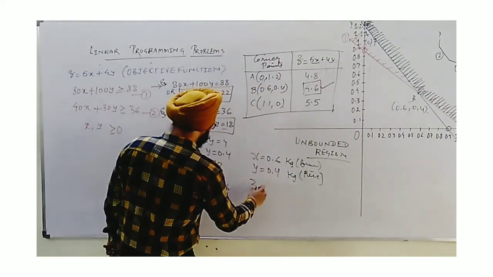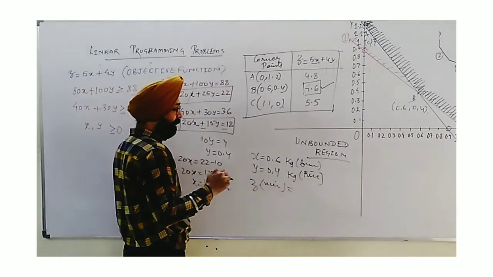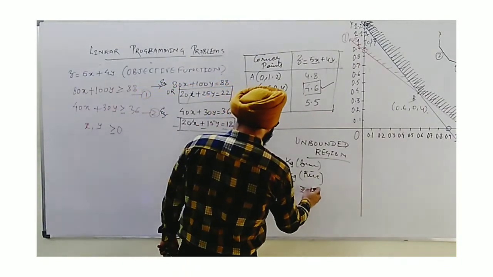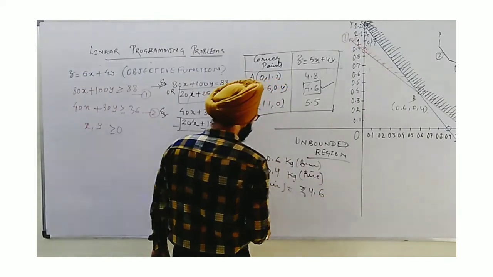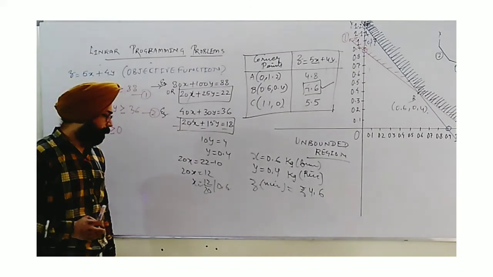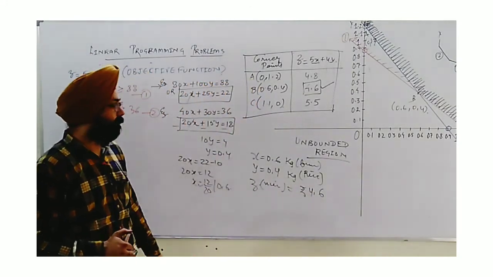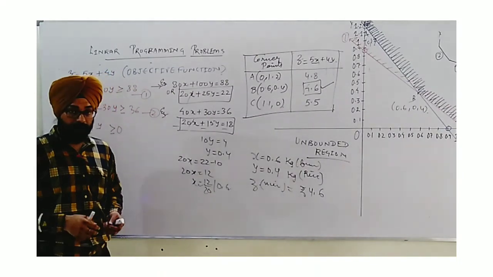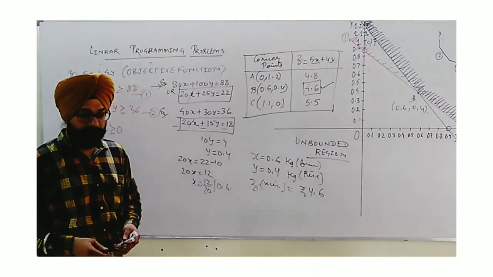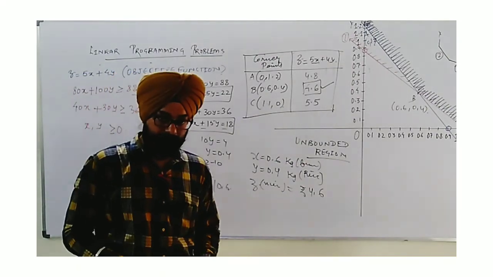And the minimum value of z, the minimum cost actually, will be rupees 4.6 per kilogram. So this way we can apply the concept in word problems. This was just an introduction. In the next module I will show you more problems based on the same concept. Thank you.